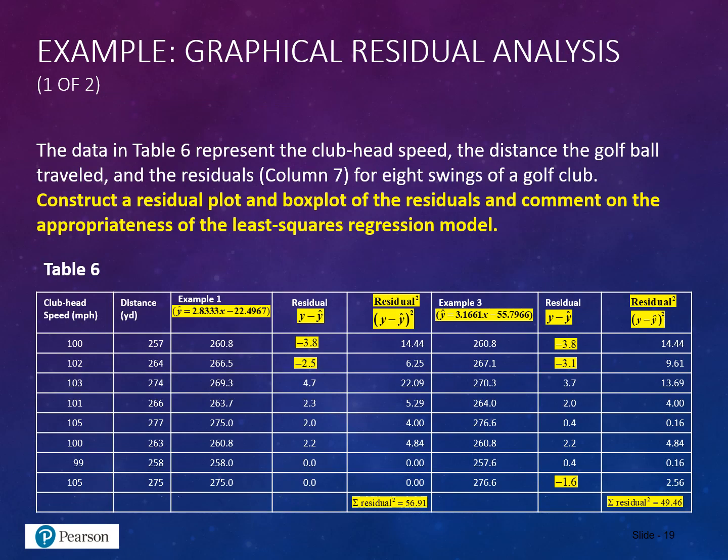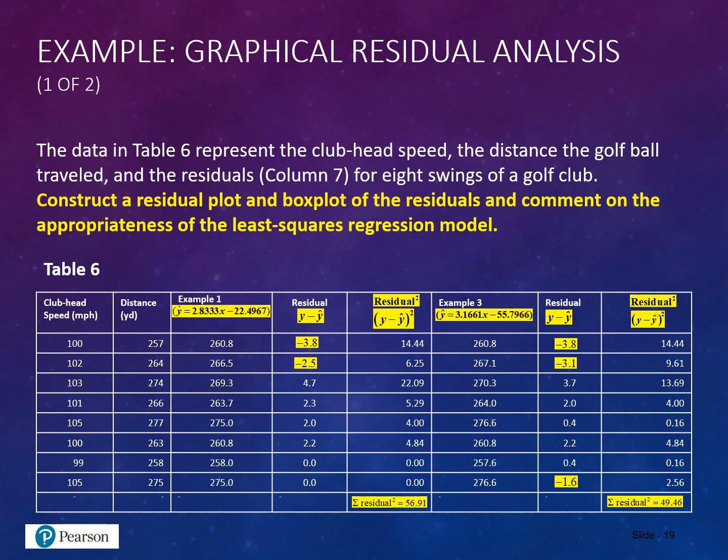Now let's look at graphical residual analysis based upon the graphs that we've just seen in the previous examples. Here we have the data from table 6, which we saw before, representing the club head speed, using two different prior examples, I believe, in the last section.